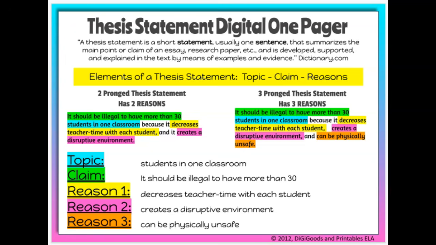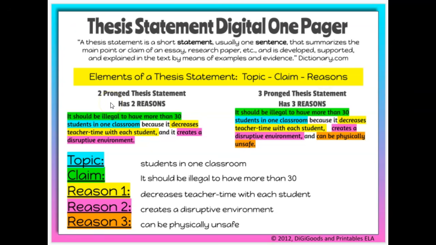Well, this might sound difficult. It's actually very easy. A thesis statement consists of three elements: a topic that you plan to write about, a claim that you plan to prove, and a few reasons that explain why you believe that your claim is true.